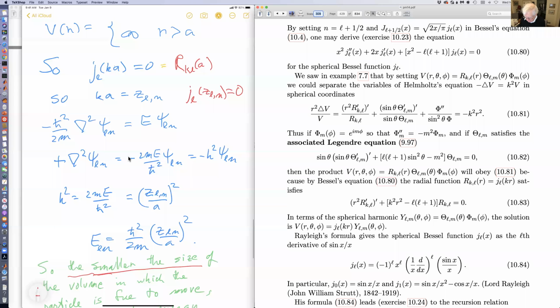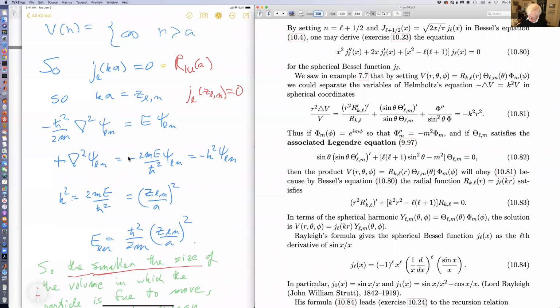Multiplying then by minus 2m over h bar squared, we turn that equation into this. We identify k squared as 2mE over h bar squared. But now we know what k is. k is equal to z over a, so we identify 2mE over h bar squared with z_ln over a, squared.